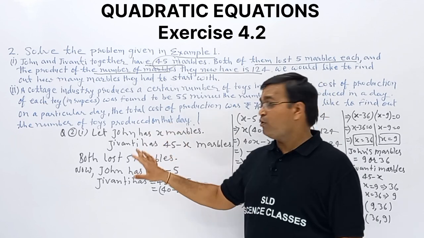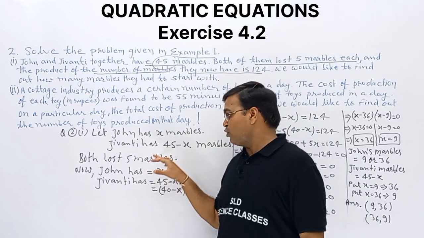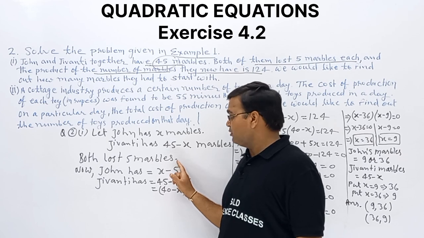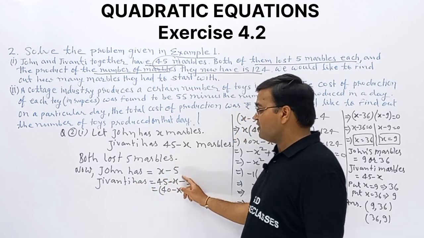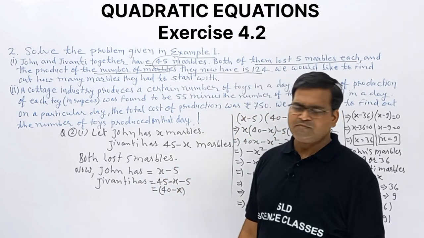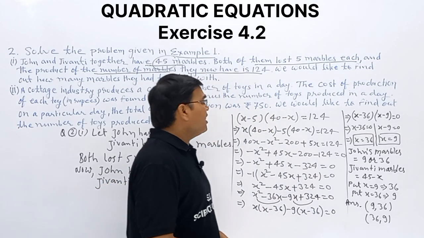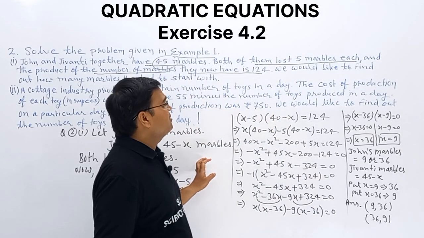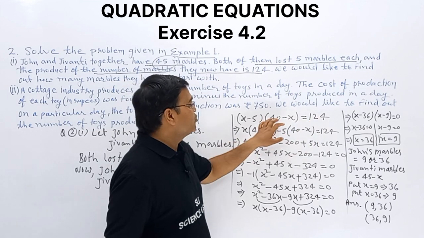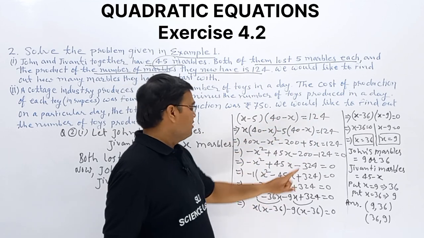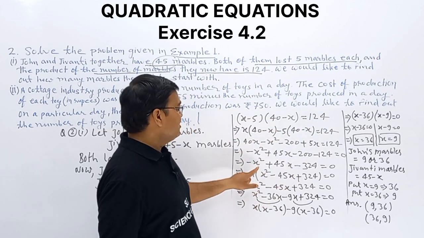Then both lost 5 marbles. Then what will be the remaining? x minus 5 for John, and 40 minus x minus 5 for Jeet. And after loss, product of both marbles will be 124. Solve this one, we are getting a quadratic equation.